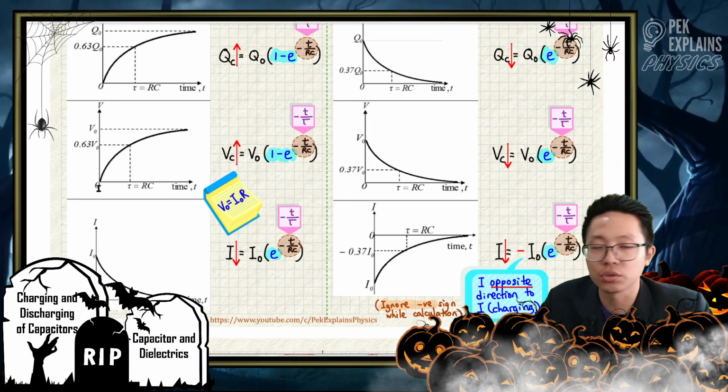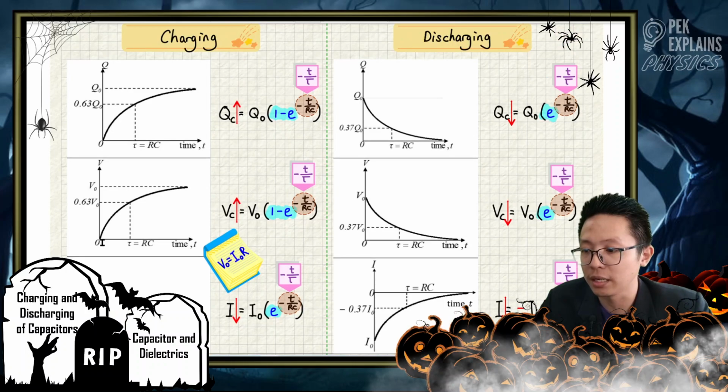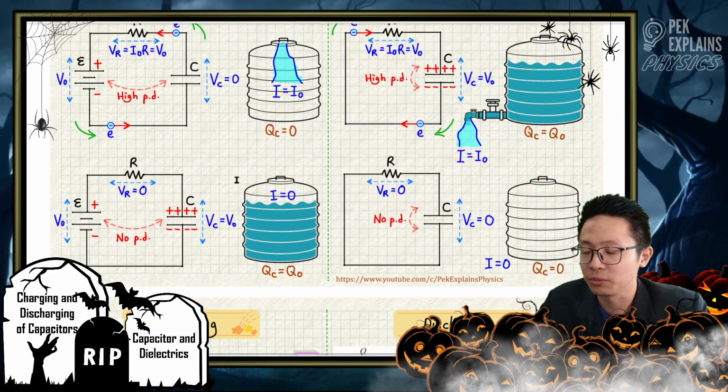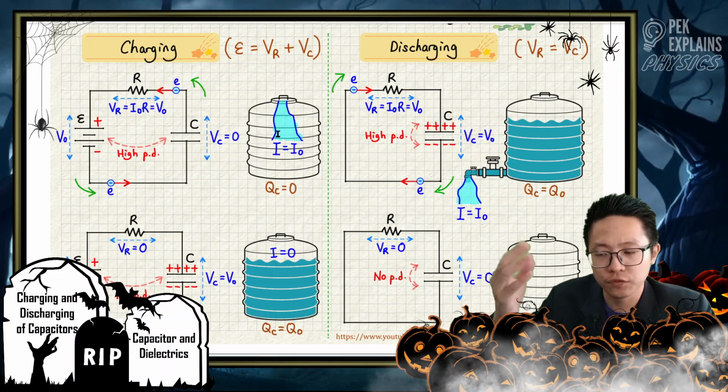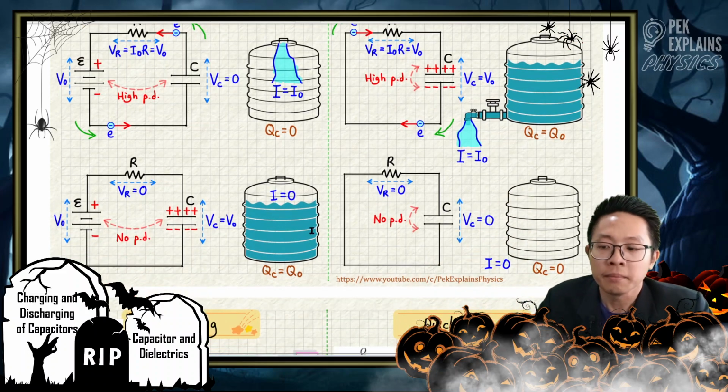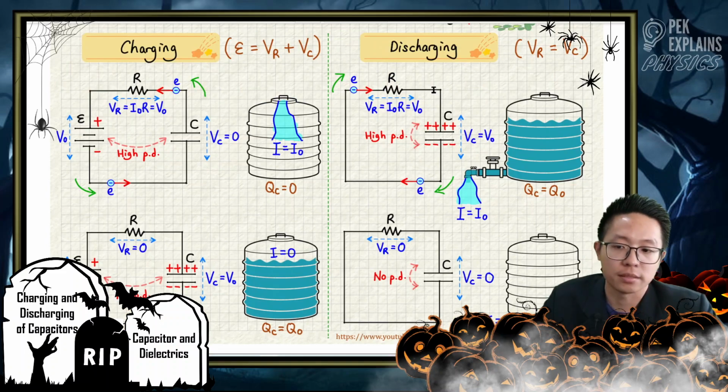So the voltage also increases. You see that? Voltage across the capacitor increases exponentially. So it's just like an empty water tank. The water flows in, being charged up, and in the end the water tank is full of water, full of charge.